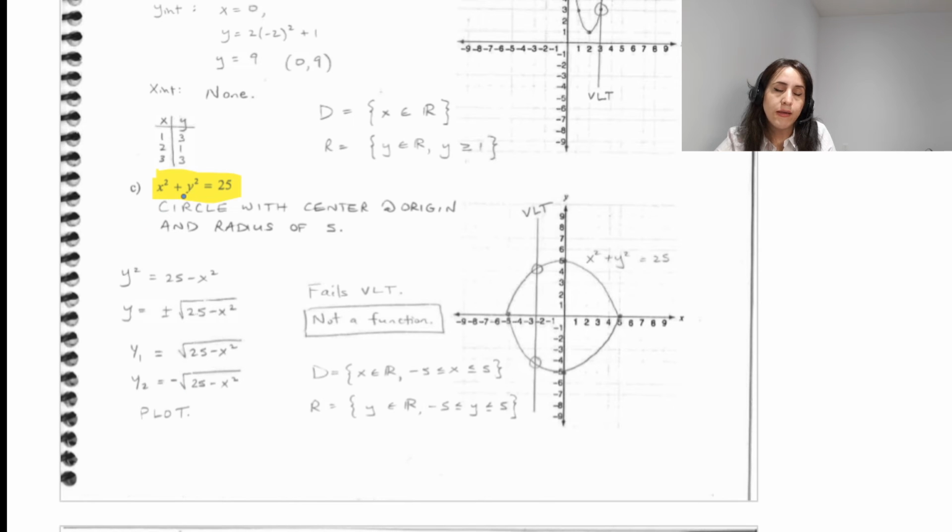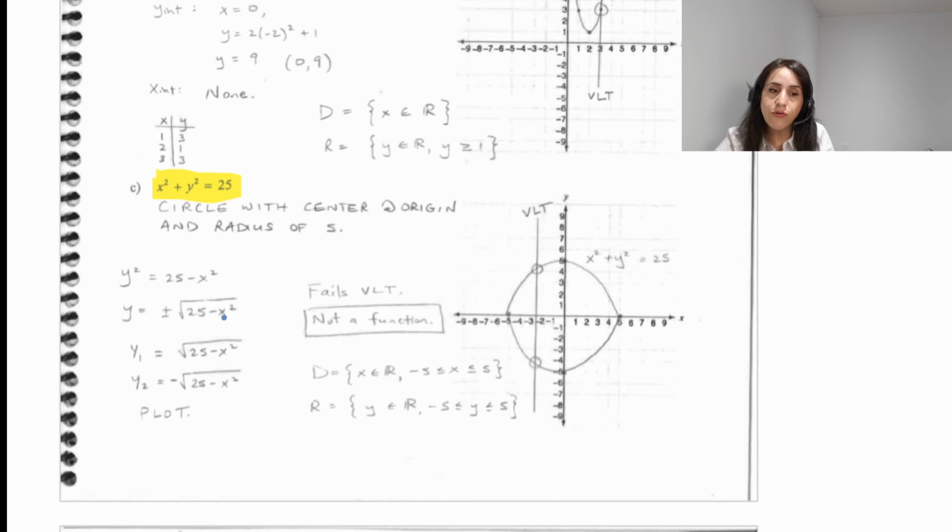First I'm trying to find the equation for y. Y squared equals 25 minus x squared, moving x squared to the other side. To find y, I have to take the square root of both sides. Y is going to be positive or negative square root of 25 minus x squared. As you see, when I take a square root, I have to mention positive and negative.